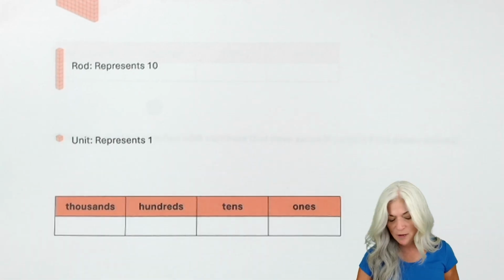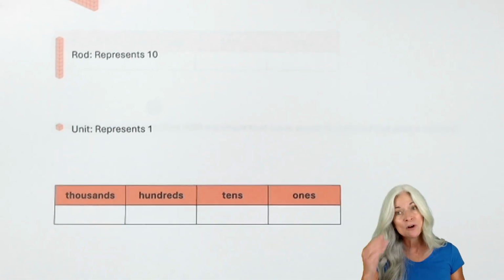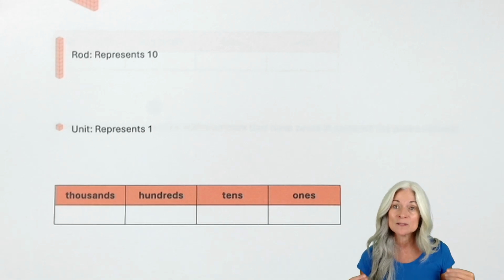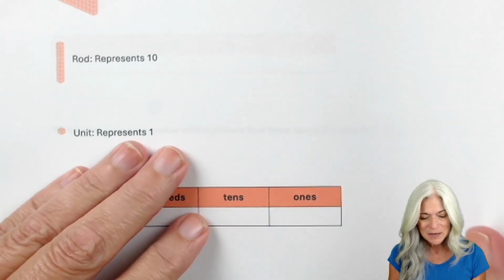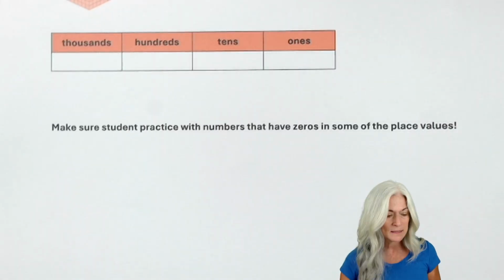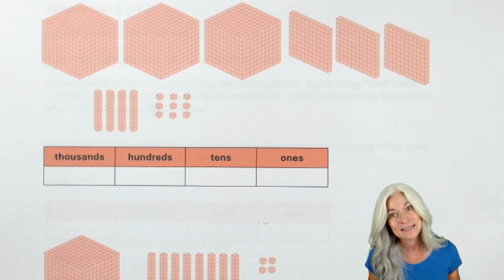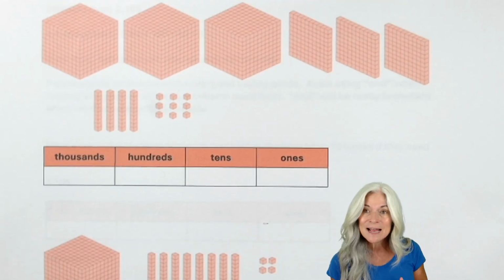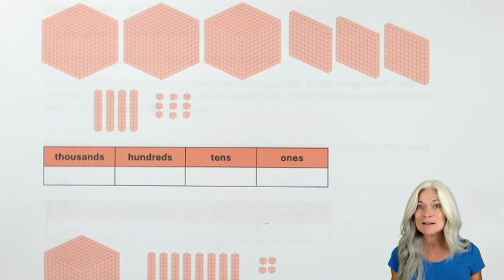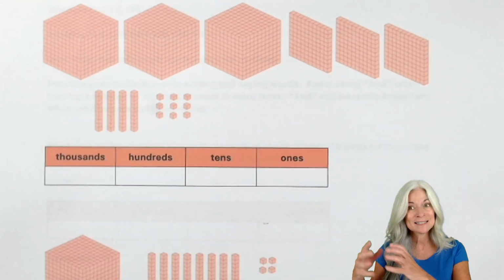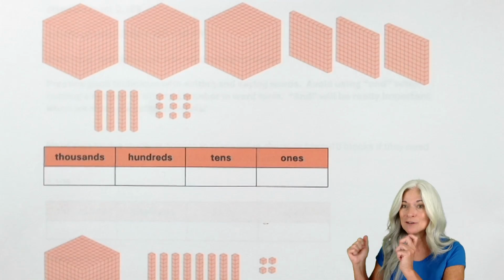The next thing that will help them is having a place value chart where they can look at a number and write the different digits that correspond with the place values. In today's lesson, they'll be looking at pictures of base 10 blocks. Hopefully you also have some sets of actual base 10 blocks, so that students could take the blocks and create this picture just so they can see it and touch it.